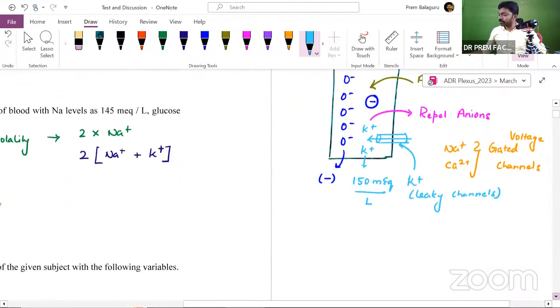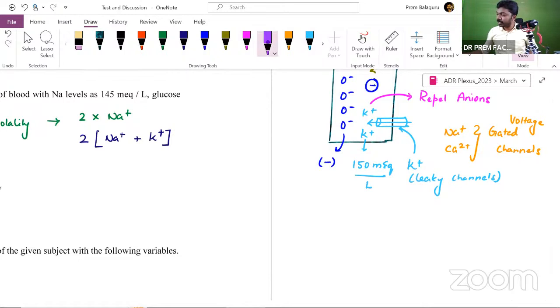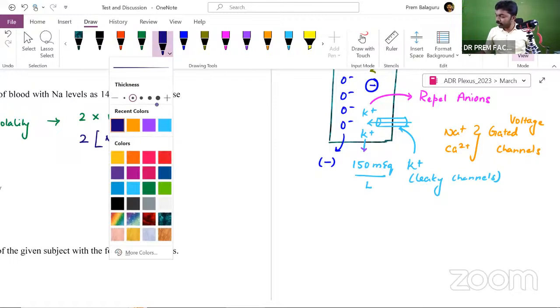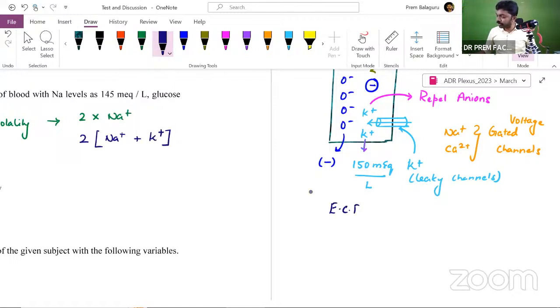You can clearly see the ICF concentration of potassium is 150 milliequivalents. On the contrary, the extracellular fluid concentration of potassium is 3.5 to 5.3 milliequivalents. There is going to be a huge disparity.